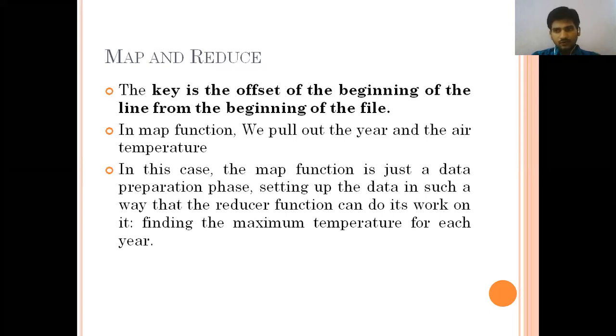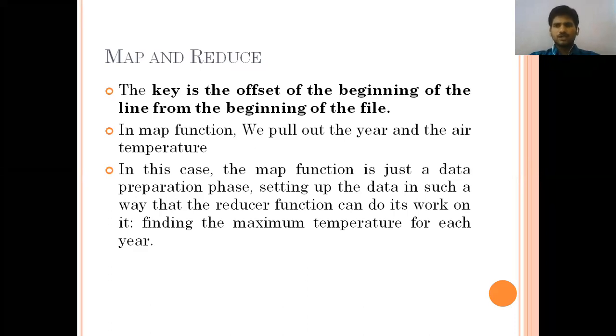In the last word count example, we saw the number of times each word was repeated in a particular sentence. Here the reduce function's job is to find the maximum temperature in a particular year.